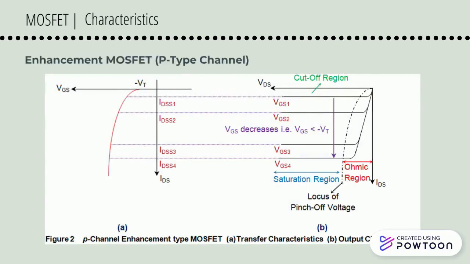For example, the saturation current for VGS3 is greater than for VGS2, and VGS4 is much greater than both of them, as VGS3 is more negative than VGS2, while VGS4 is more negative compared to either of them. In addition, from the locus of the pinch-off voltage, it is also clear that as VGS becomes more and more negative, even the negativity of VP also increases.